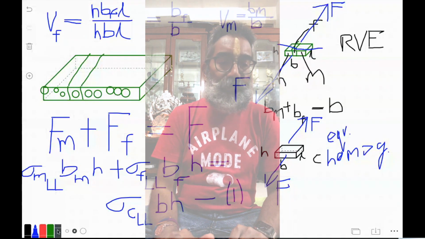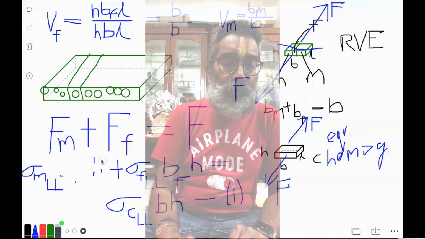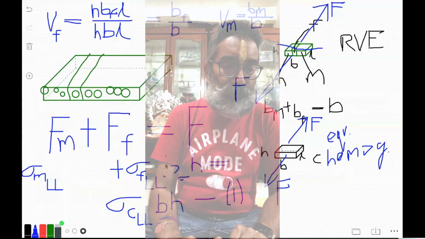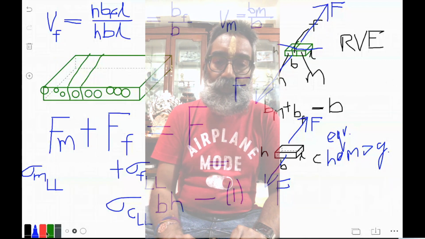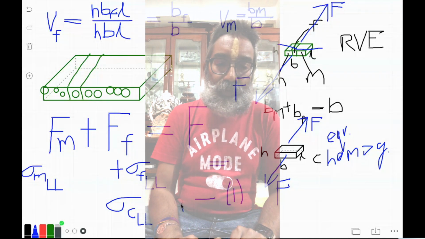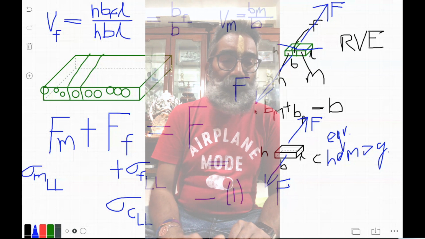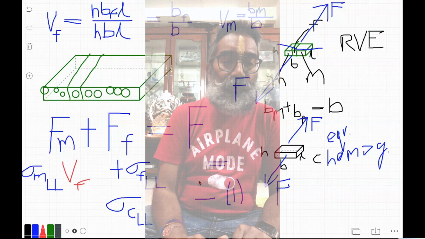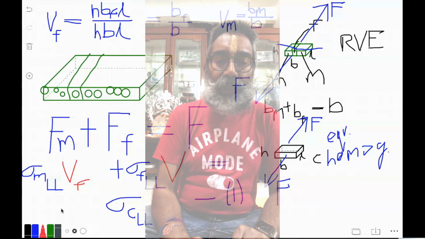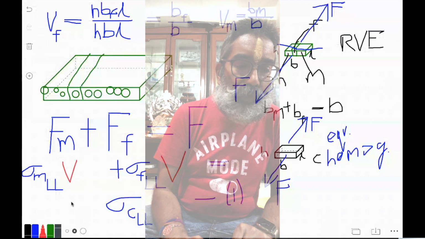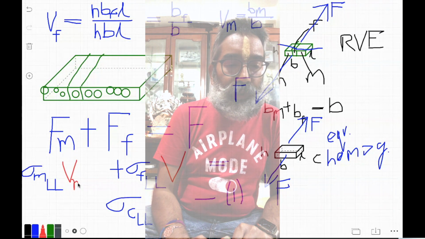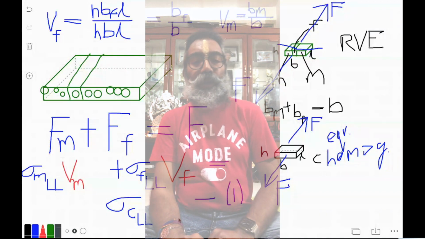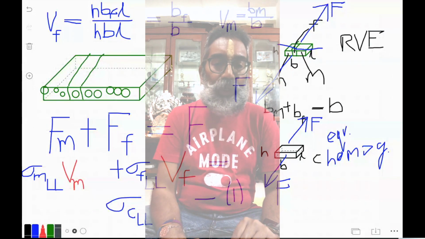So substituting for that, we replace BF by B by the volume fraction of the fiber, that is what we call as VF, and this is the matrix, so we call that as Vm, and here the BH has got cancelled, because we divided by BH, so this is what we have.